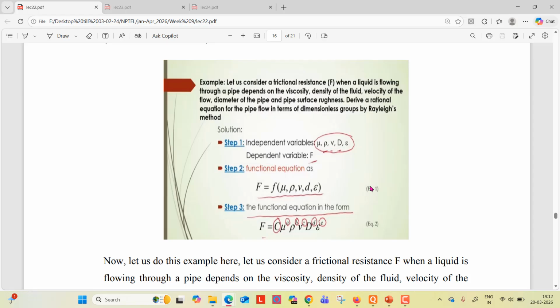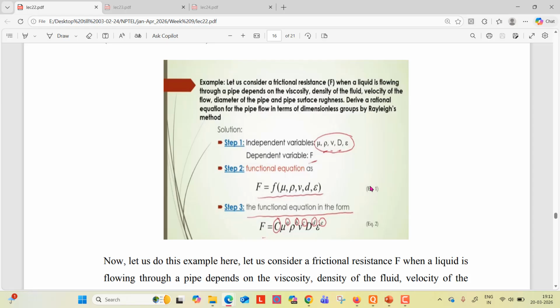This is the same problem we will do with both the Rayleigh method and the Buckingham Pi method. Let us consider frictional resistance when a fluid is flowing through a pipe, depending on the viscosity, density of the fluid, velocity of the flow, diameter of the pipe, and pipe surface roughness. Derive a rational equation for the pipe flow in terms of dimensionless groups by Rayleigh's method.